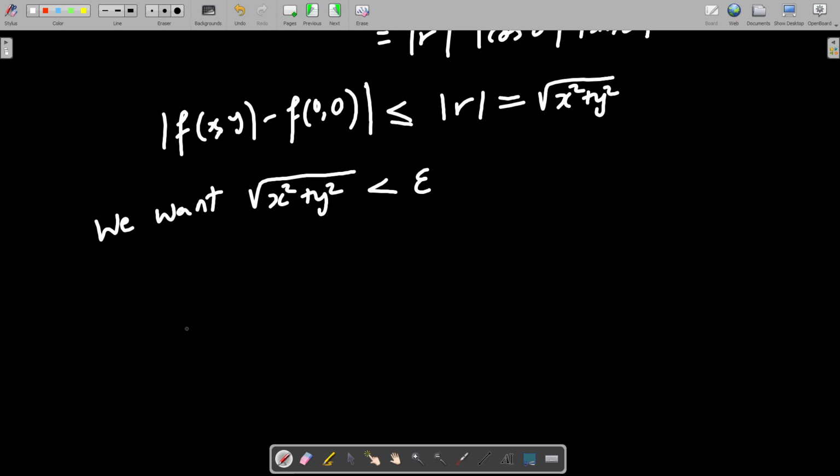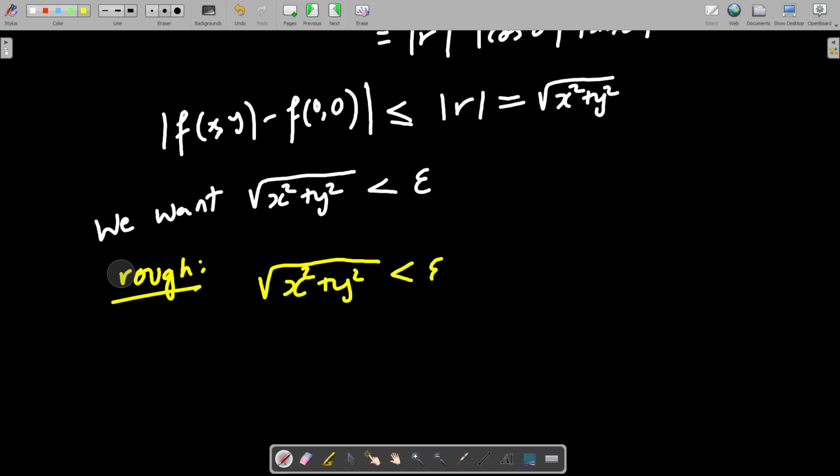So how do we proceed from here? We want this to happen, so now we'll work this out on rough. Rough work, what I'm writing in yellow. If we want this to be less than epsilon, then this will imply that this is true, right?